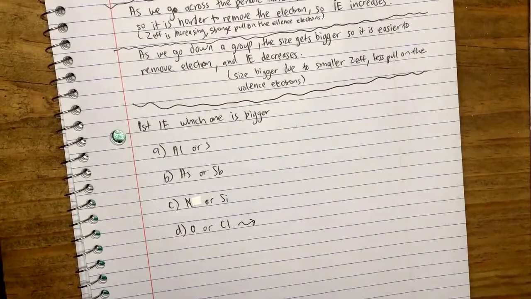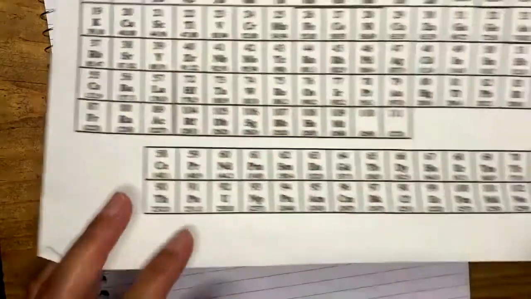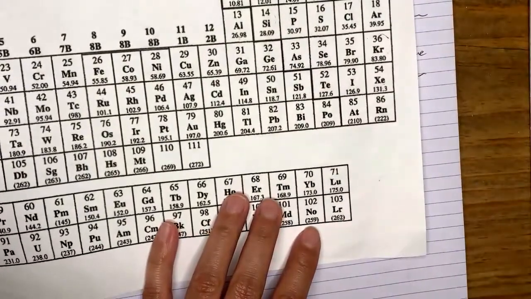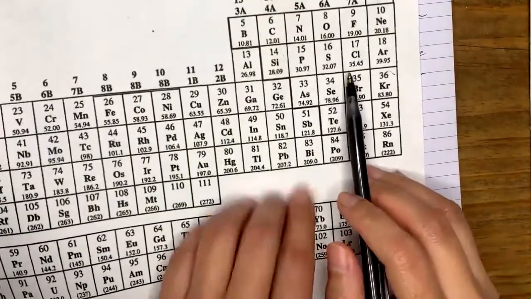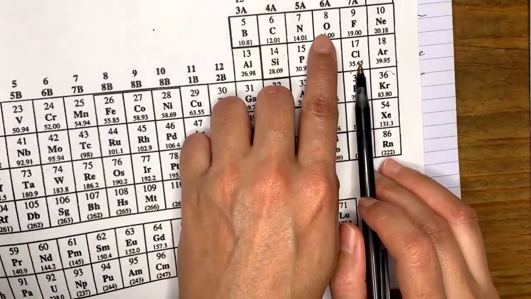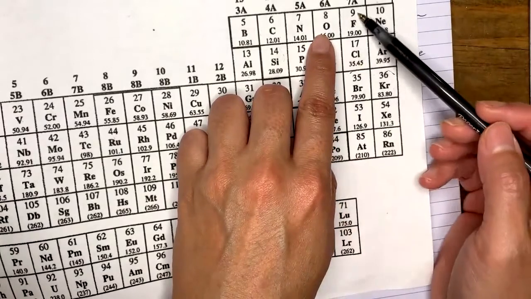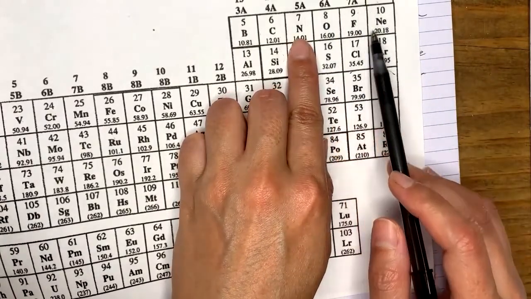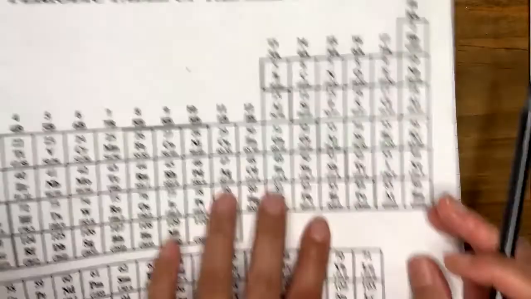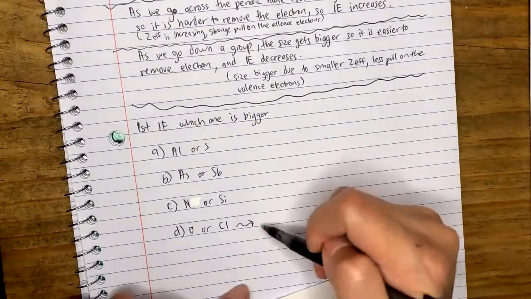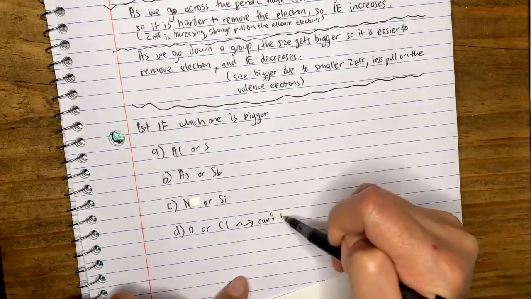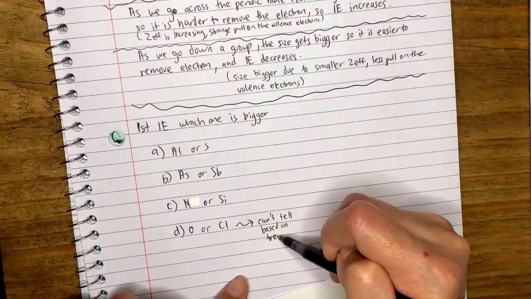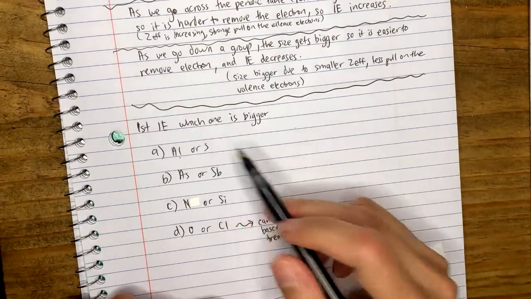Periodic table right here. O and Cl are opposing trends, because we say it gets smaller IE and then gets bigger IE. So which one is it, smaller or bigger? You can't tell. So we say we can't tell based on trends.